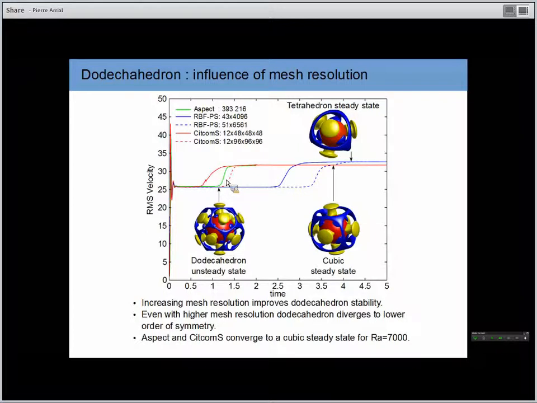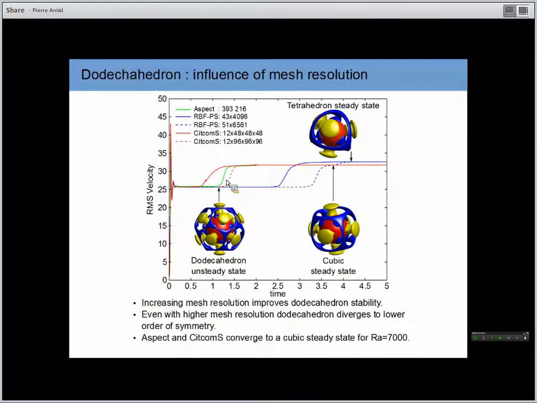For a Rayleigh number higher than 50,000, the transition regime broadens, which means that for RBF, the code needs higher perturbations of the equal 4 modes.